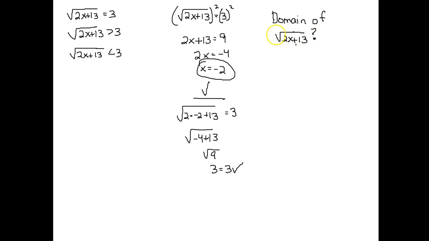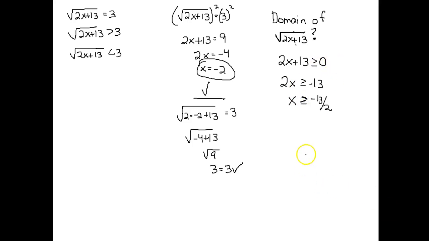So remember, if you have an even index and you want to figure out your domain, you take the radicand and set it greater than or equal to 0. You just don't want inside of here to be negative or less than 0. So 2x is greater than or equal to -13, so x is greater than or equal to -13/2. This is going to be very helpful to know when we go to worry about the inequalities.